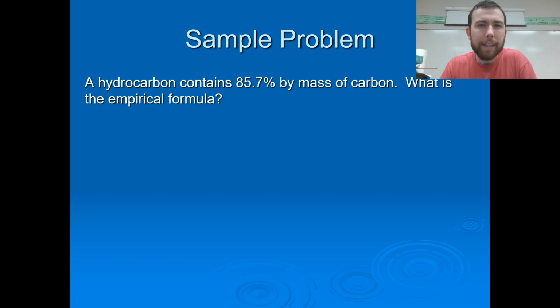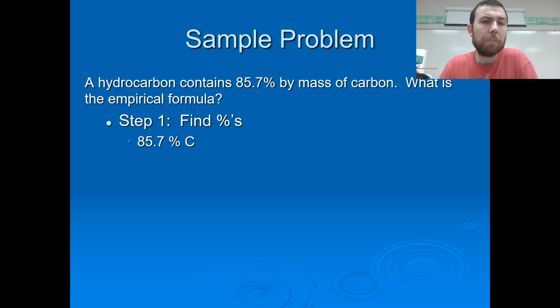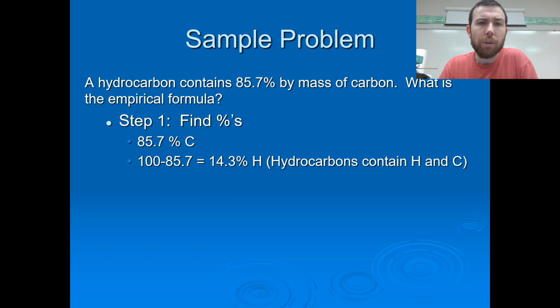So understanding that, our first step would be to get our percentages, right? So we know we've got 85.7% carbon. The remaining percentage should be hydrogen, so we've got 14.3% hydrogen left over. That gets us to 100% of our mass.